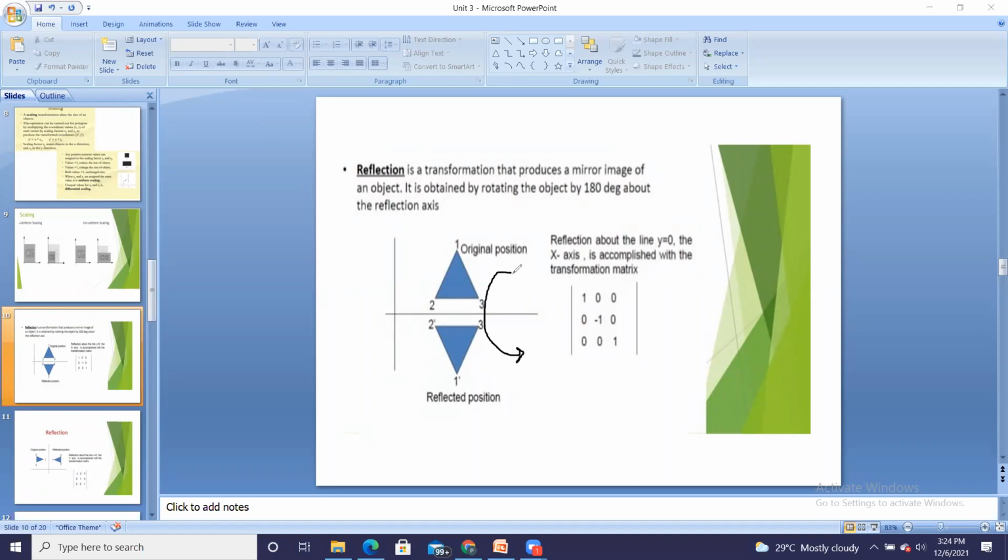So it is going to perform the 180 degree rotation along the specified axis. So this is your x-axis, which is the specified axis. And along this x-axis, the object which is placed over here will get rotated by 180 degree.